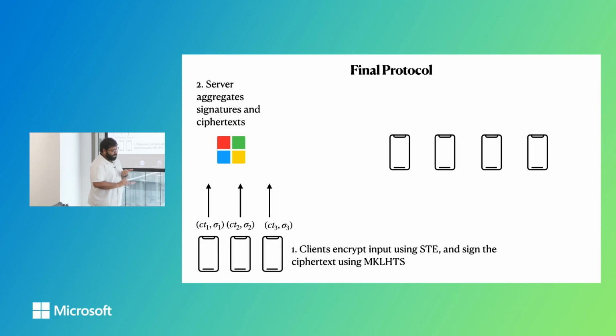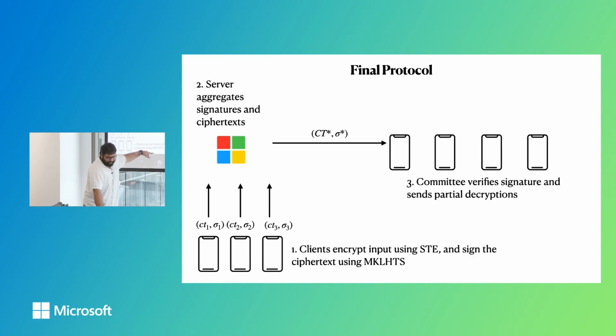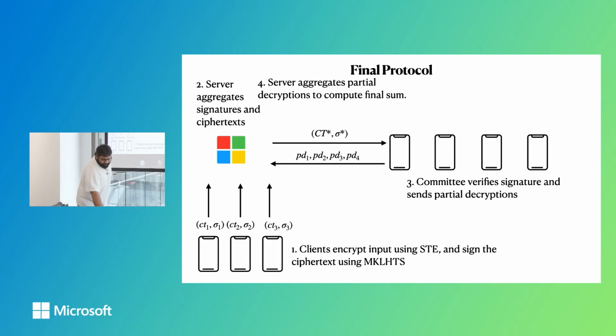The server aggregates the signatures and the ciphertexts, so now it has a constant size signature and a constant size ciphertext, and sends it to the committee. The committee verifies the signature and sends partial decryptions back to the server, and the server aggregates them and computes the final sum.